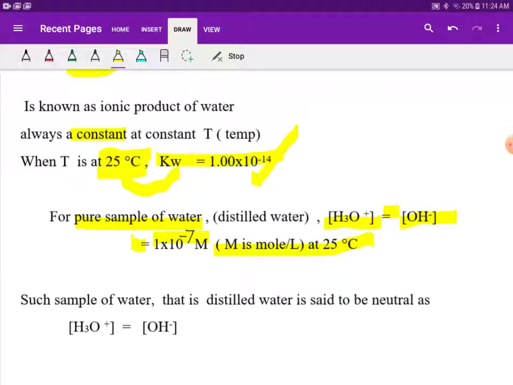Such a sample of water is said to be neutral because the concentration of hydronium ion is equal to the concentration of OH minus, that is 10 raised to minus 7 moles per liter each.